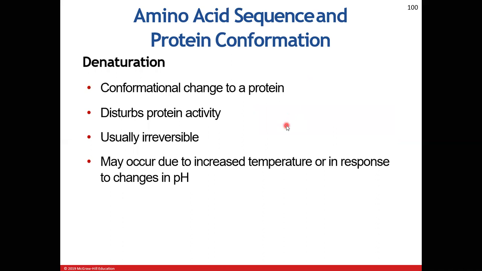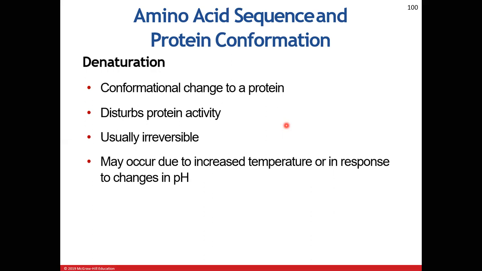Now, as we look at amino acids, amino acids obviously can be added together to form a protein. Well, when we look at proteins, they can also be broken down. Oftentimes, these are due to extreme environmental conditions, but we do see different changes to proteins.